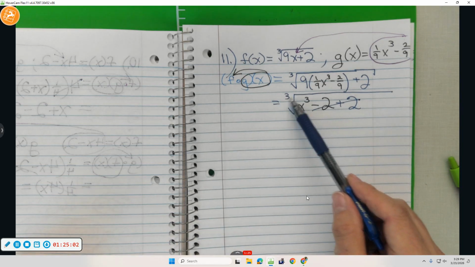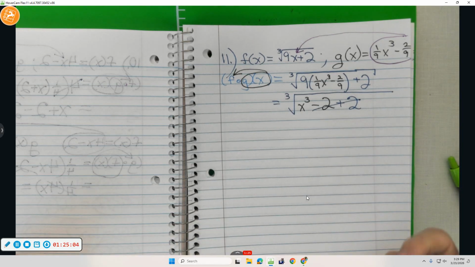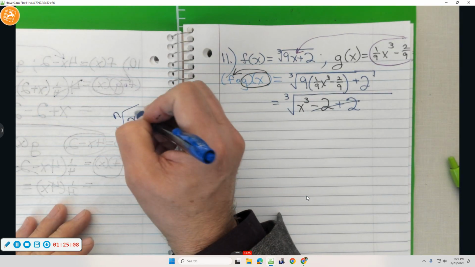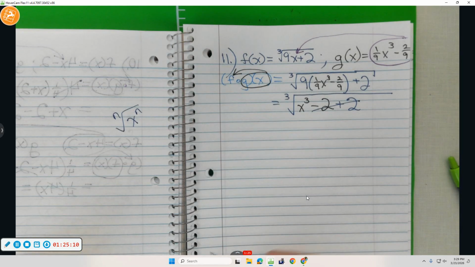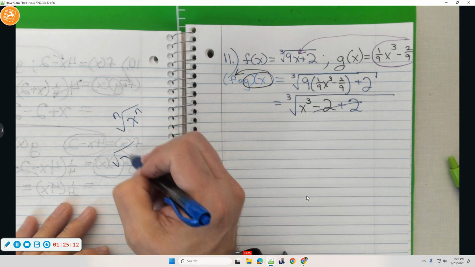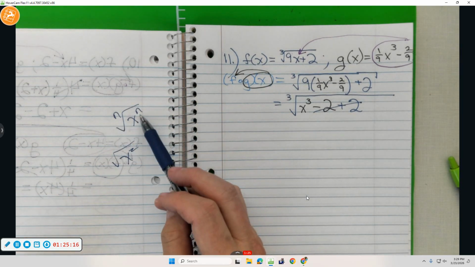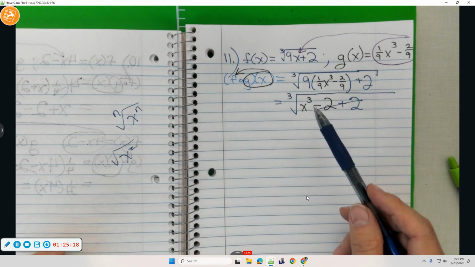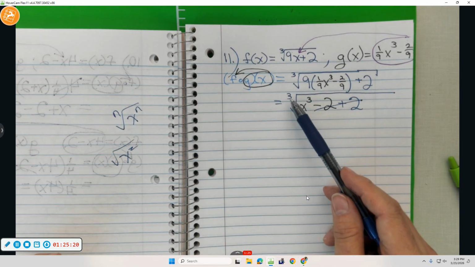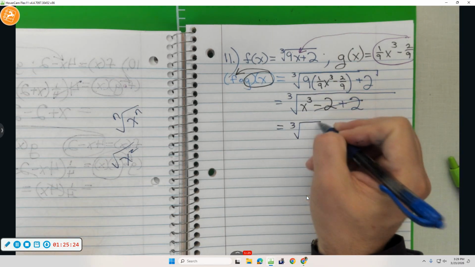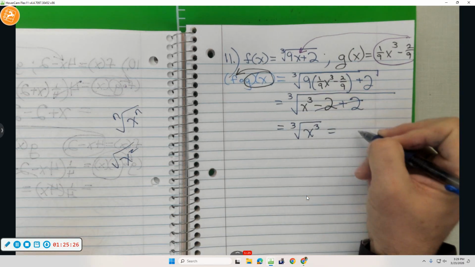What's the cube root of x cubed? We see it in terms of the square root of x squared, but if the index is equal to the exponent, what do you cube? We're asking ourselves, what do you cube to give yourself x cubed? Just an x.